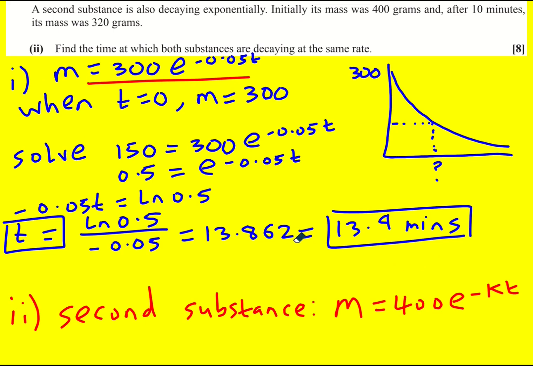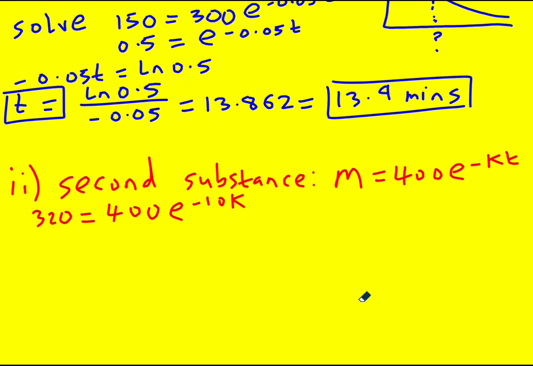We're then told that after 10 minutes, the mass was 320 grams. So I can write down 320 is 400 e to the minus 10k, substituting t equals 10 in. I've got another exponential equation to solve. I can divide through by 400 and get 32 over 40, which is 4 over 5, or 0.8. So 0.8 is e to the minus 10k.